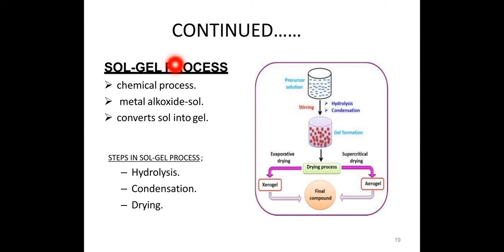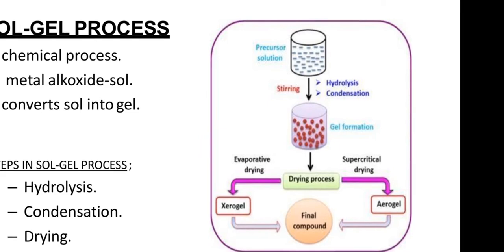Then the sol gel process. Basically it is a chemical process. The second point is that metal alkoxide sol converts into gel. What are the different steps? Hydrolysis, then condensation and drying. From the diagram only you can get the idea.